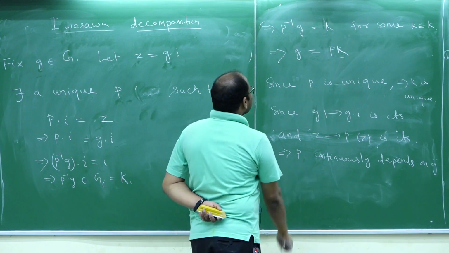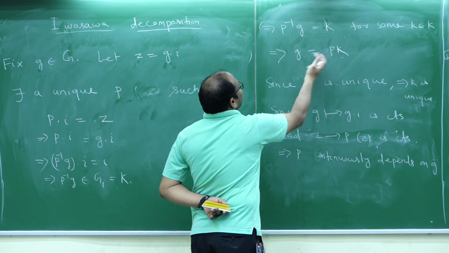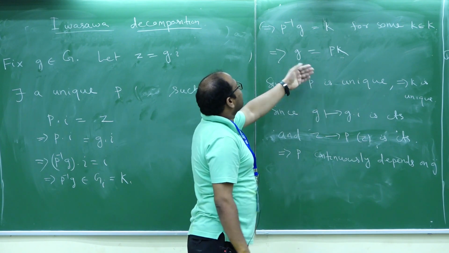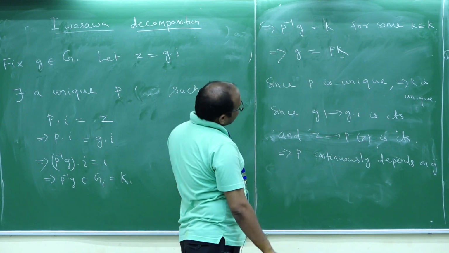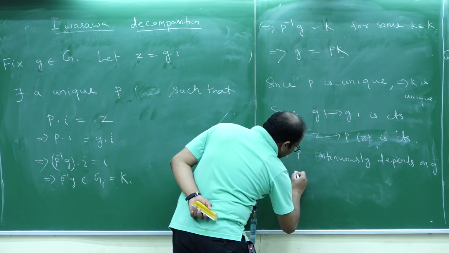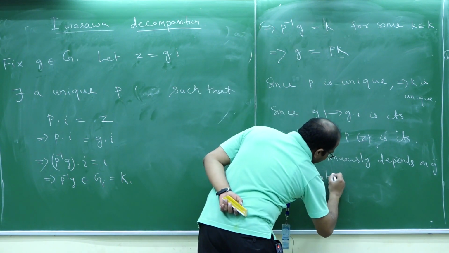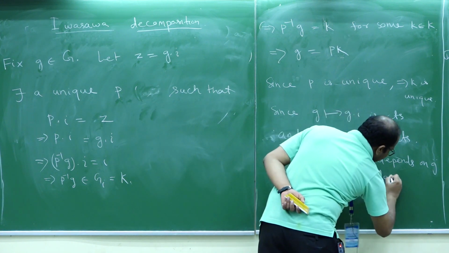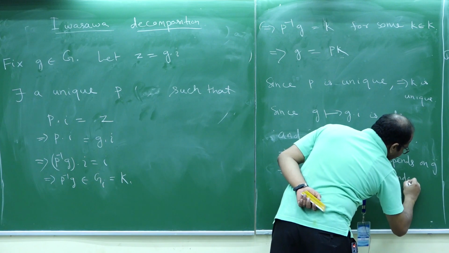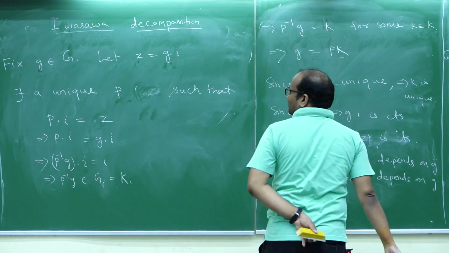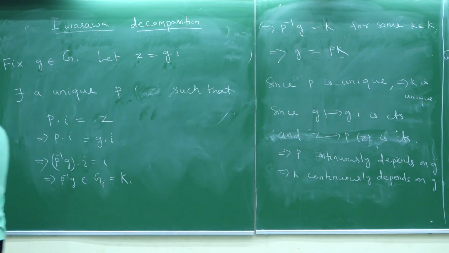So if p continuously depends on g, then k also continuously depends, because k is equal to p inverse g. So this implies k continuously depends upon g. So what I am getting? I am getting this.